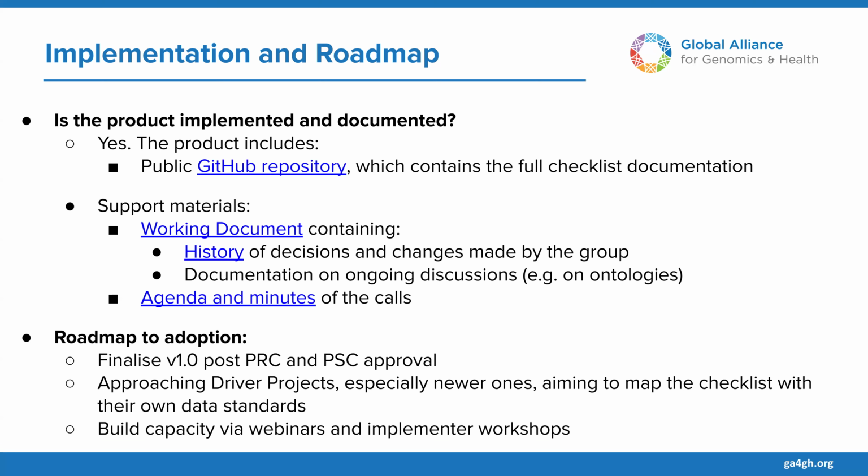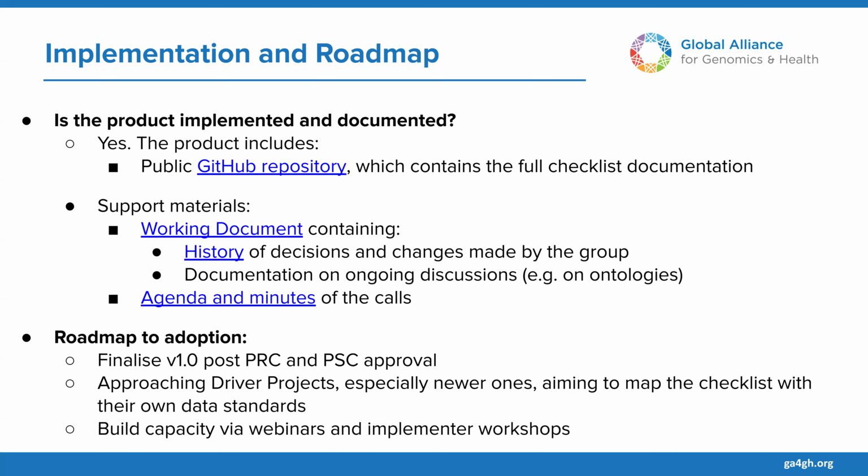As for the roadmap for adoption, the product is finalized, but our first step is to finalize the product review with the product review committee and get the approval from the steering committee. Then we approach driver projects, saying this is a new standard, it's relevant for what you're doing for data sharing.